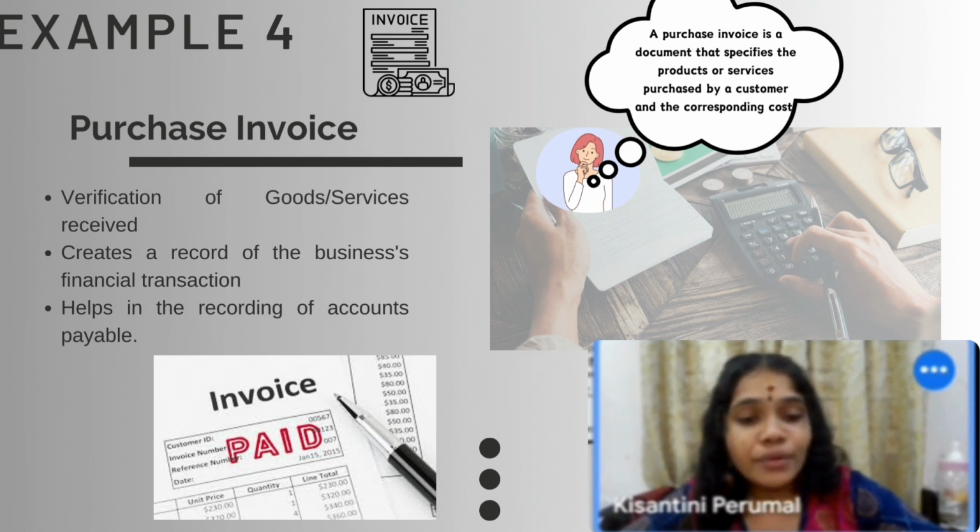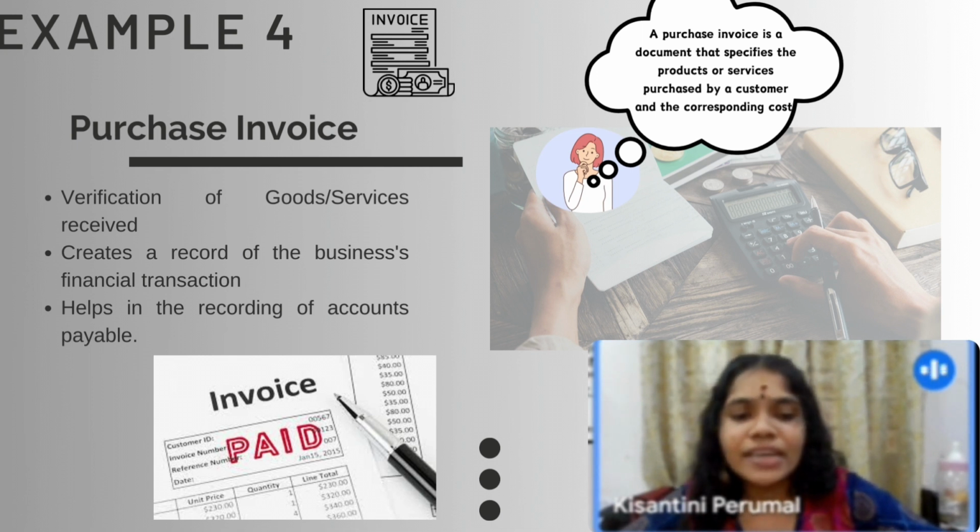Create a record of the business financial transaction. The purchase invoice documents the specifics of the purchase, such as the date, the description of the goods or services, the quantity, the unit pricing, and the total amount. It acts as proof of the financial transaction.